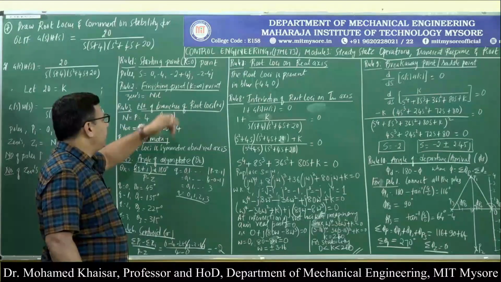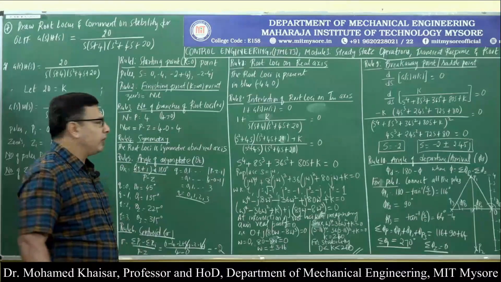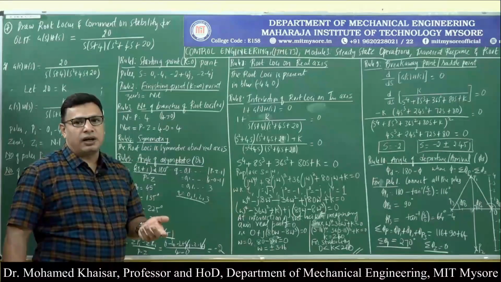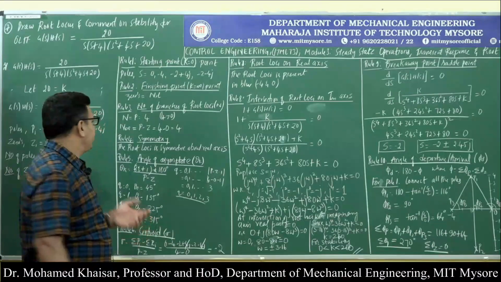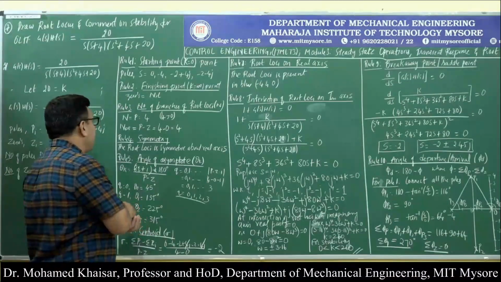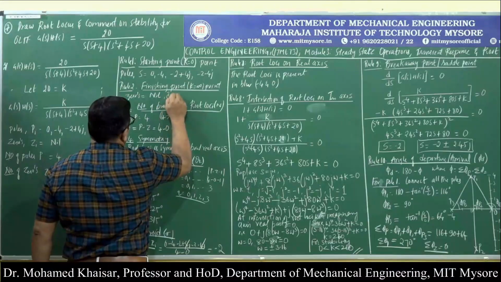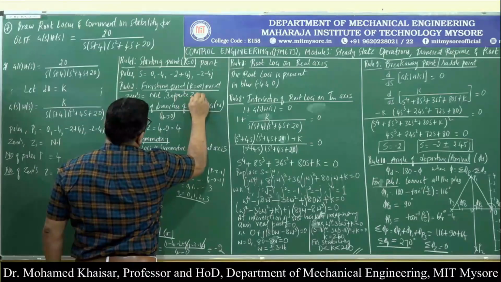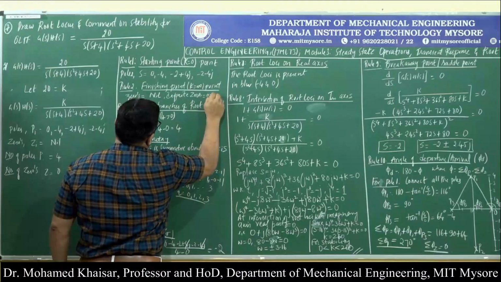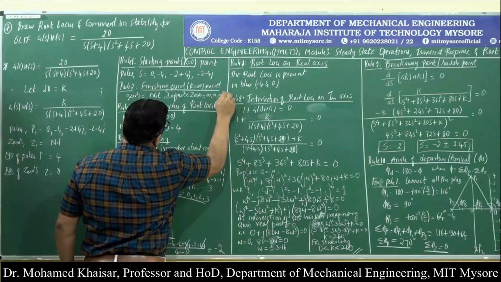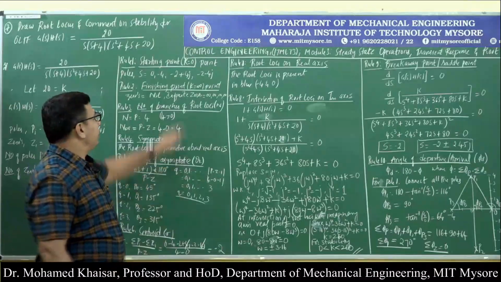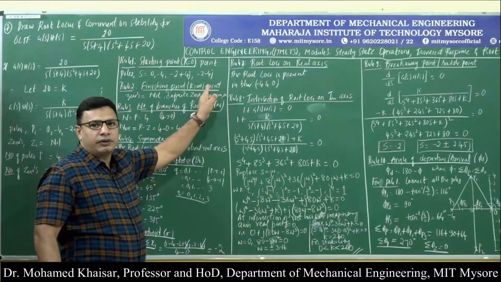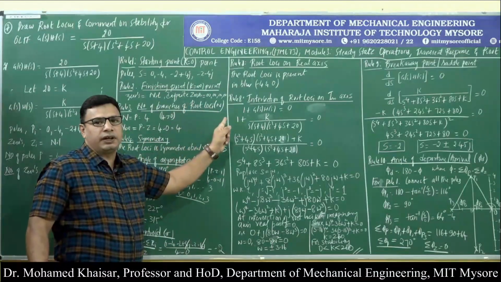Rule number 2 is about finishing points, that is, K equal to infinity points. All zeros are going to be the finishing points, and since there are no zeros over here, we will only have infinite zeros, that is infinity, infinity, infinity, infinity. Since there are 4 starting points, there must be 4 terminating points.